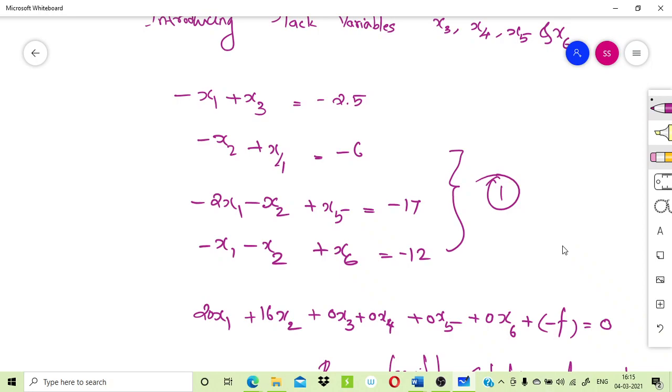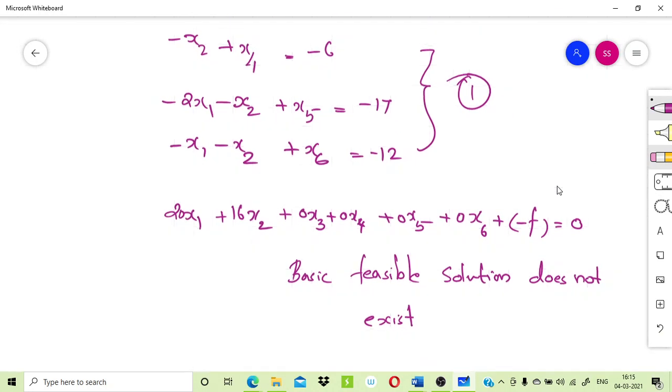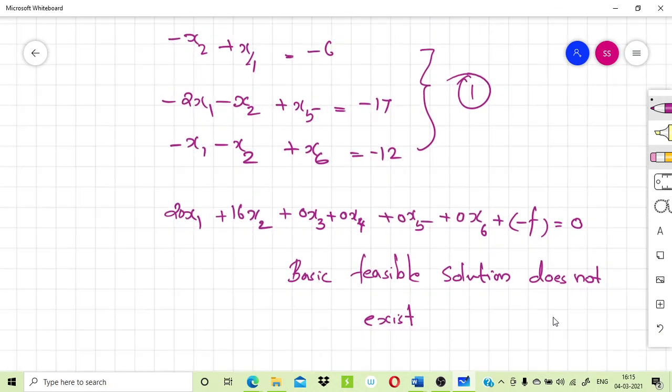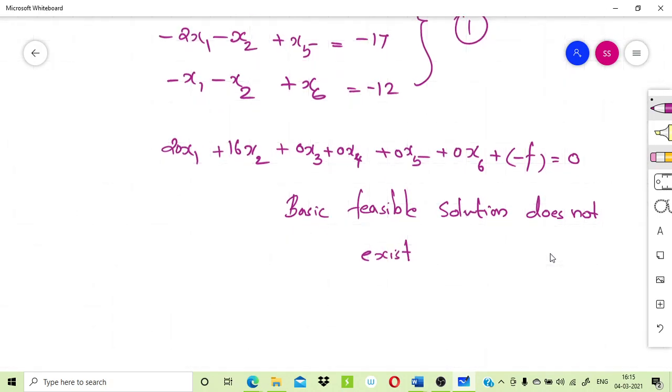That is, you will not get a non-negative solution, either positive or 0. That means x3 will be negative and x4 will also be negative. So in that case we declare that a basic feasible solution does not exist. That is our conclusion here.